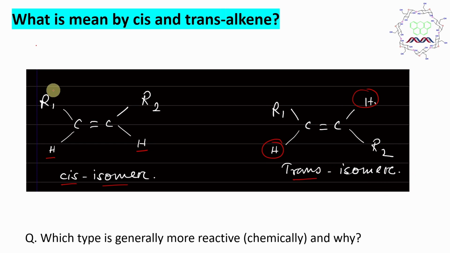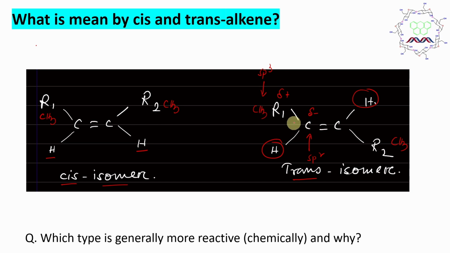Now just consider that these R1, R2 both are methyl groups. Obviously, if I say methyl, then what is the hybridization of this methyl? It is sp3 hybridization. What is the hybridization of this alkene carbon? It is sp2 hybridization. We know that sp3 carbon has lesser electronegativity compared to sp2, so that's why this carbon will be delta negative, this carbon will be delta positive, because obviously this carbon is slightly more electronegative.